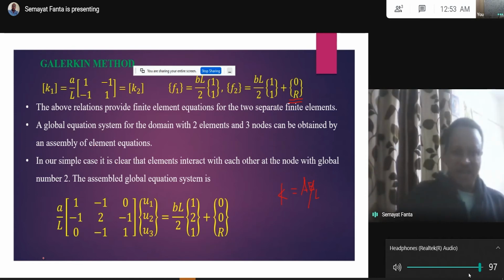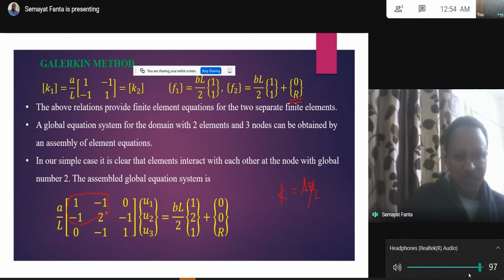So finally, combine these equations for K1 and K2, because K1 is equal to this matrix and K2 is equal to this matrix. Then the first part implies the K1 part, and the overlapping entries add up, 1 plus 1.